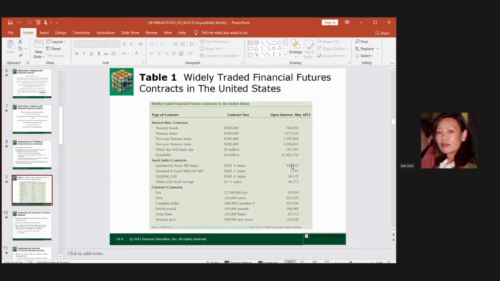Volume is per day, how many trades move. Normally you say today we're trading volume of 500 contracts. But open interest means since this contract started until now, there are still, like the first one, 740,000 open interest, positions opening that haven't closed yet. You understand what I mean? The contract is still open.